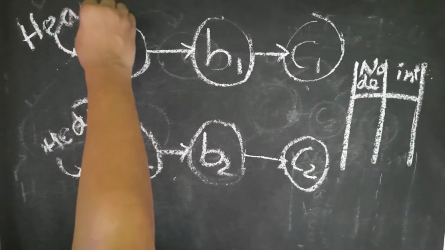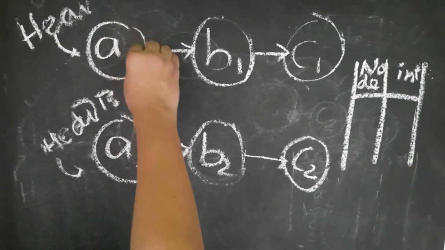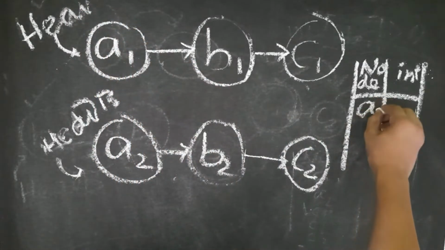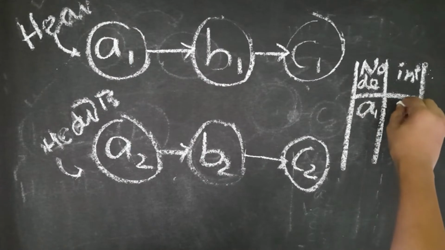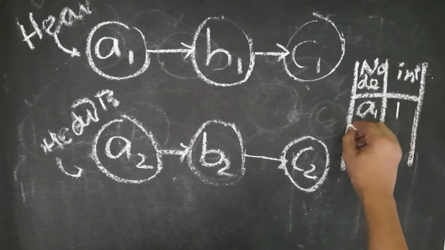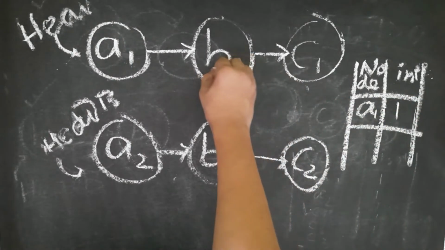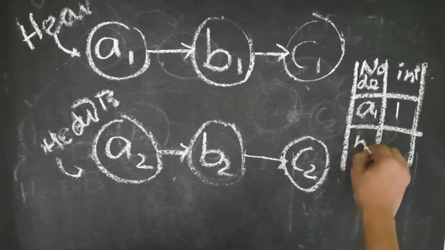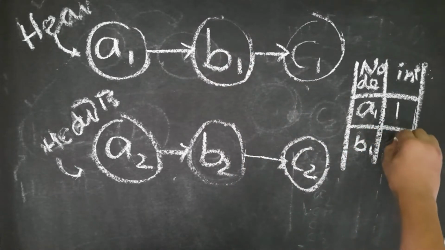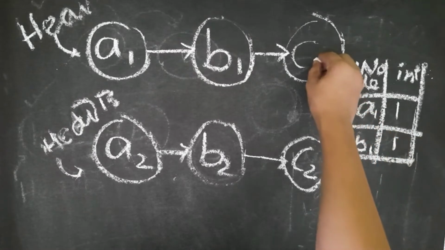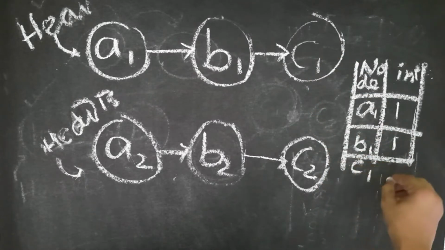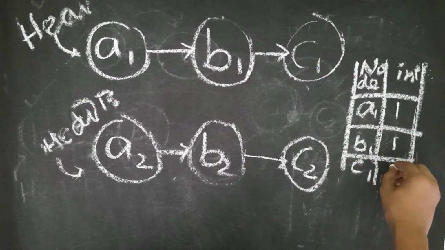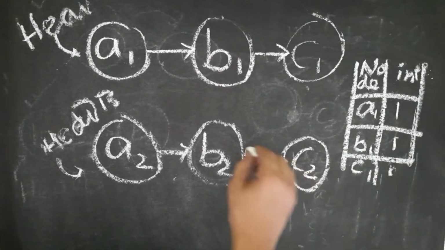While iterating through head A, we will store node A1 in the map with integer 1. Then for B1 we store 1, and for C1 we store 1 corresponding to that node.